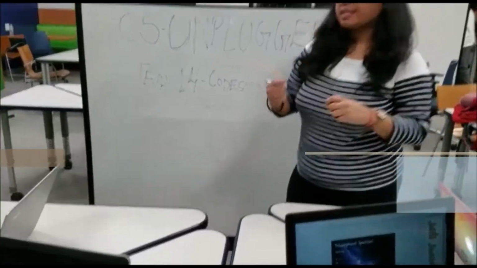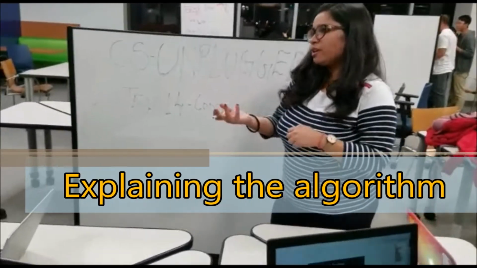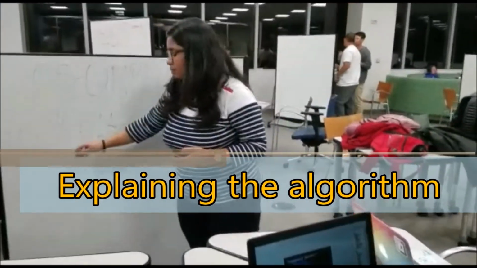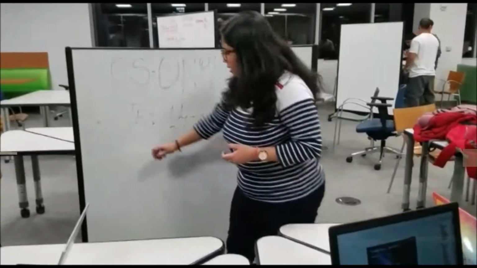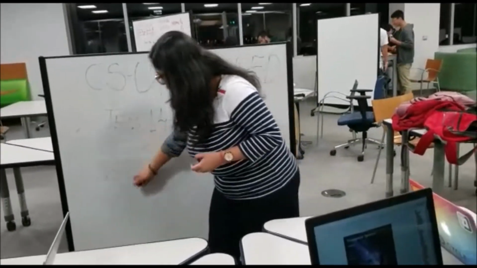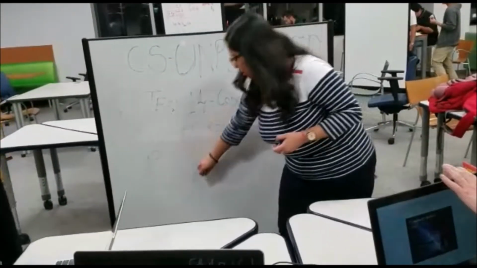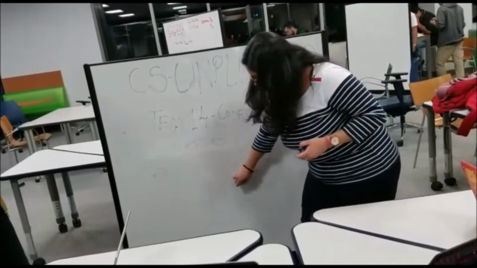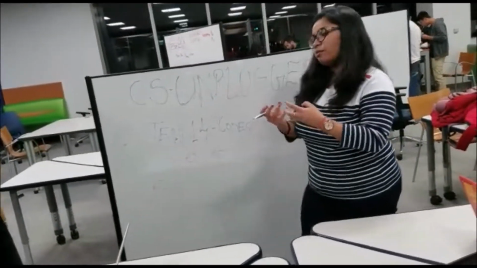In real life, or in computer science, we have the concept of a graph. In graphs there are nodes which are connected to each other, and each connection has a weight.